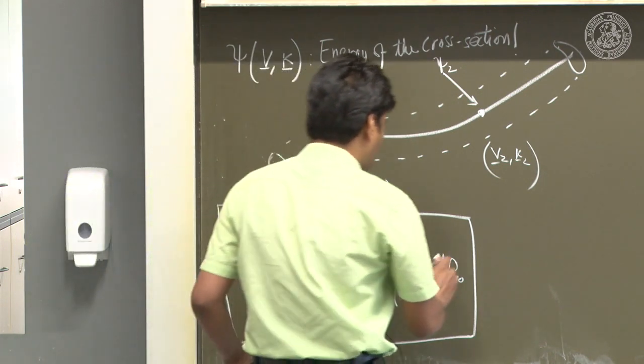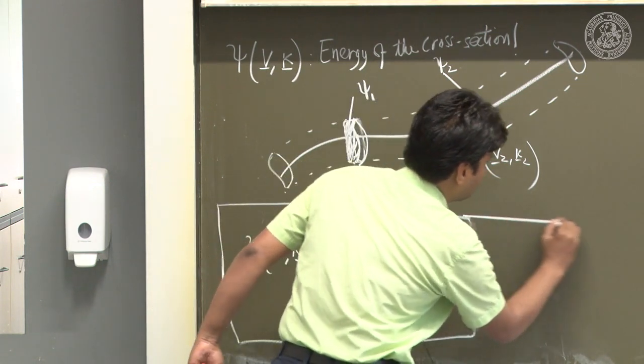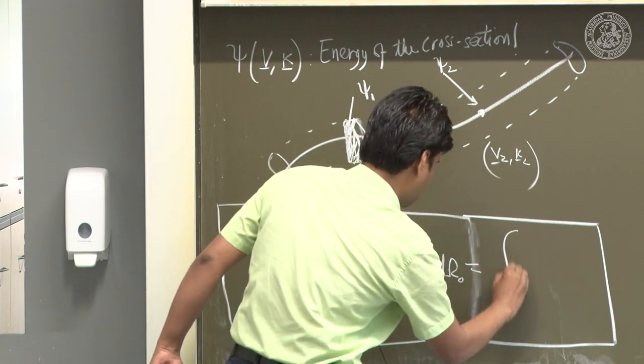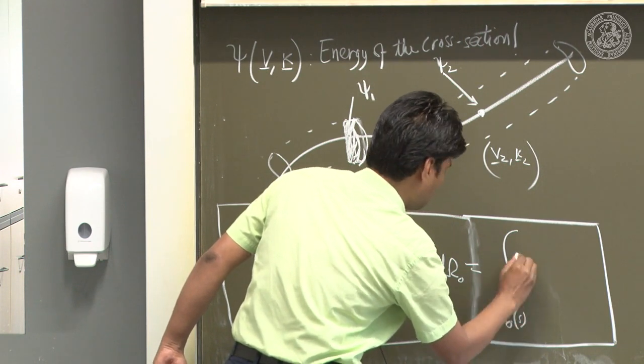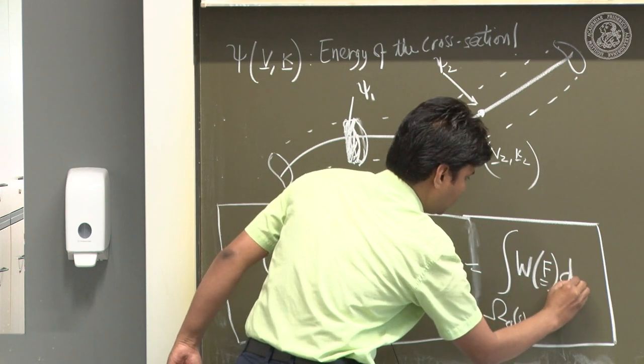So, this is same as, maybe I could extend this box, integration over the cross section of W of F d omega naught.